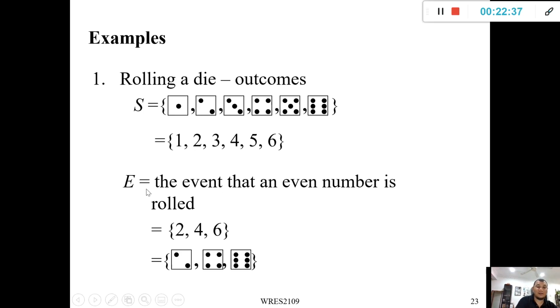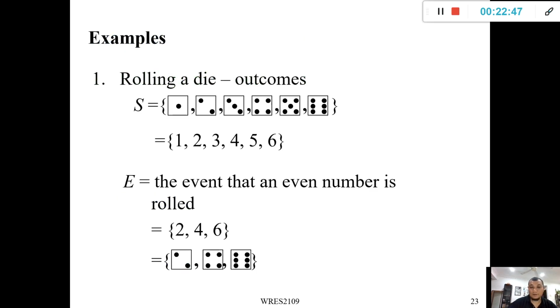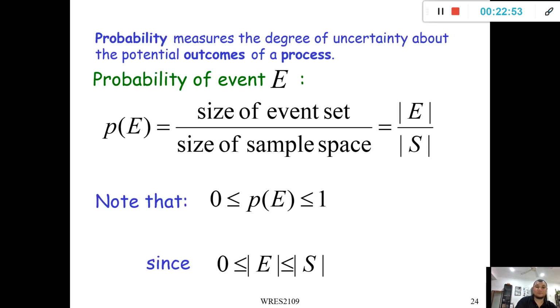Let's say E is the event that an even number is rolled, so 2, 4, and 6. So you have 3 over 6, or 1 over 2, for an even number. Same with the odd number as well.